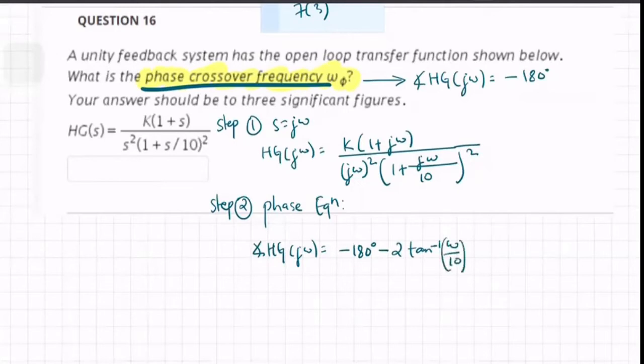Now I go to the numerator, which is plus tan inverse omega. And remember, in the beginning I said this is where the phase crossover frequency happens, so we can simply write equals negative 180 degrees.